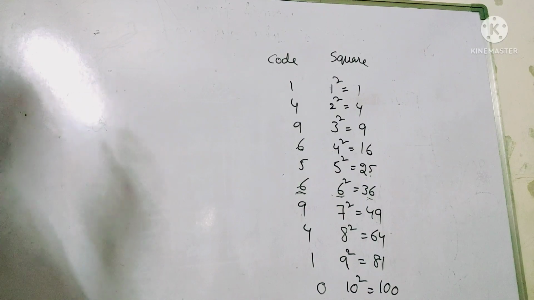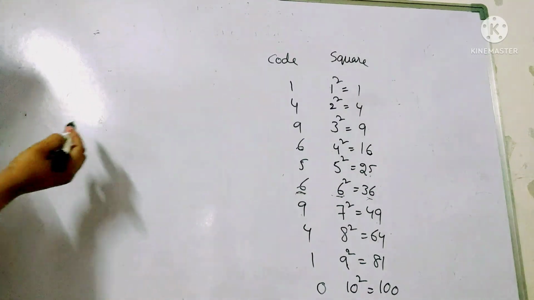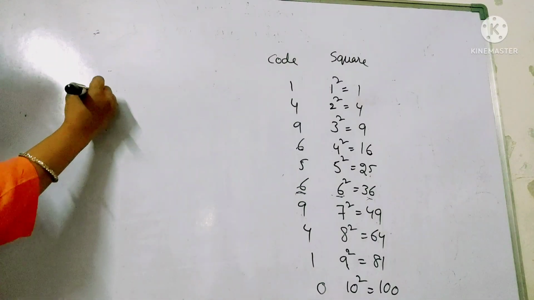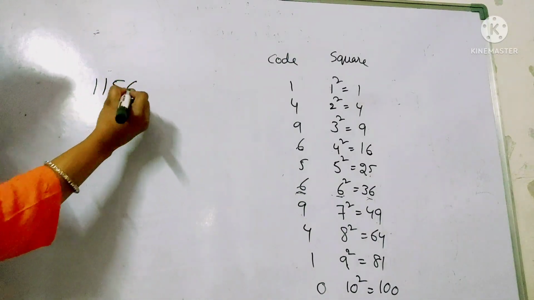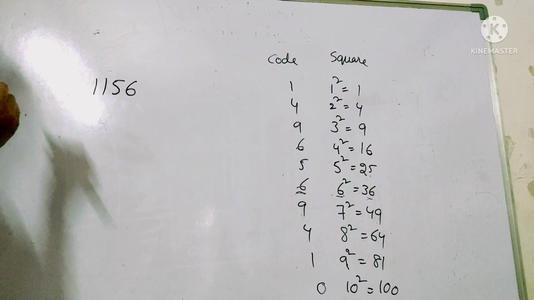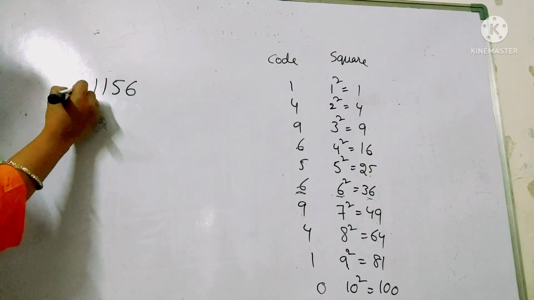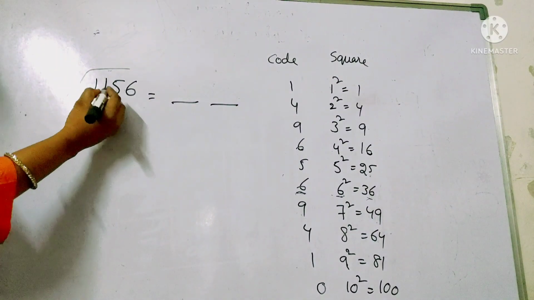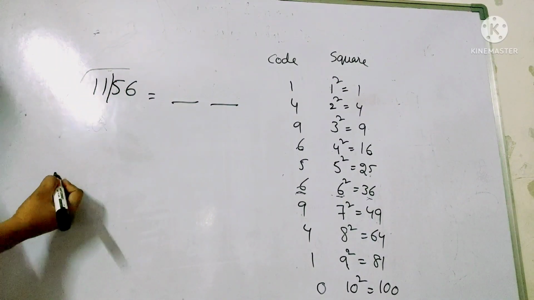Okay, now how to use this code, I'll show you now. Let's take any one number. I'm taking 1156. So how to find the square root for this? You just draw two lines and divide this number into two parts.